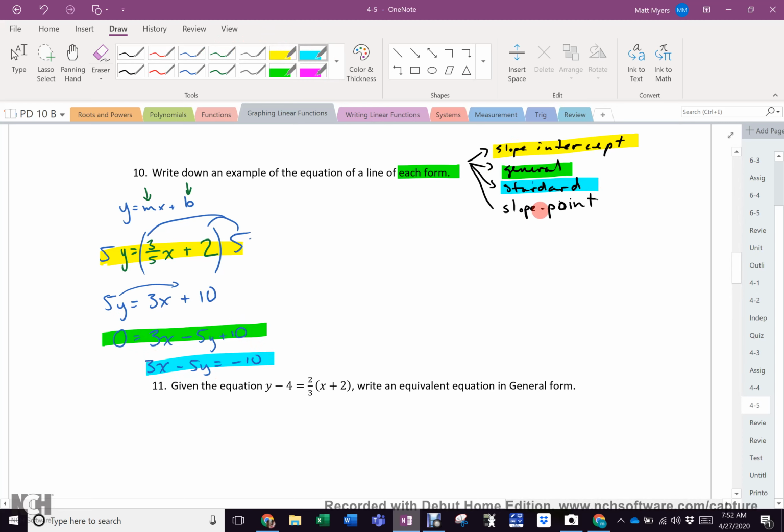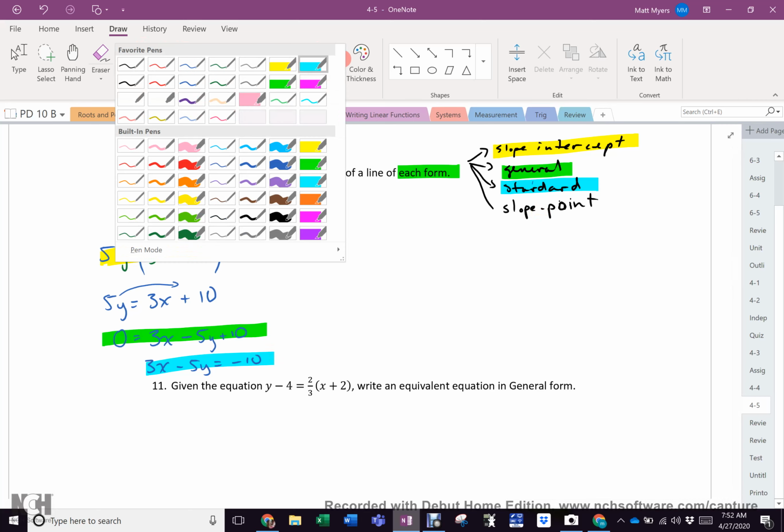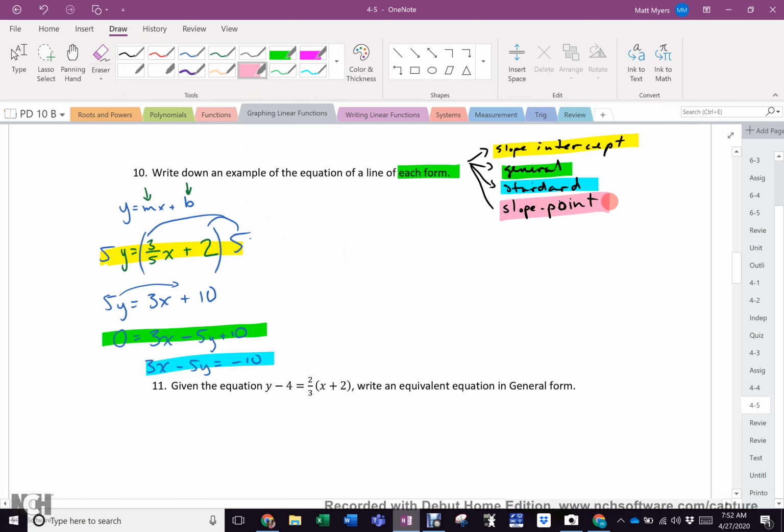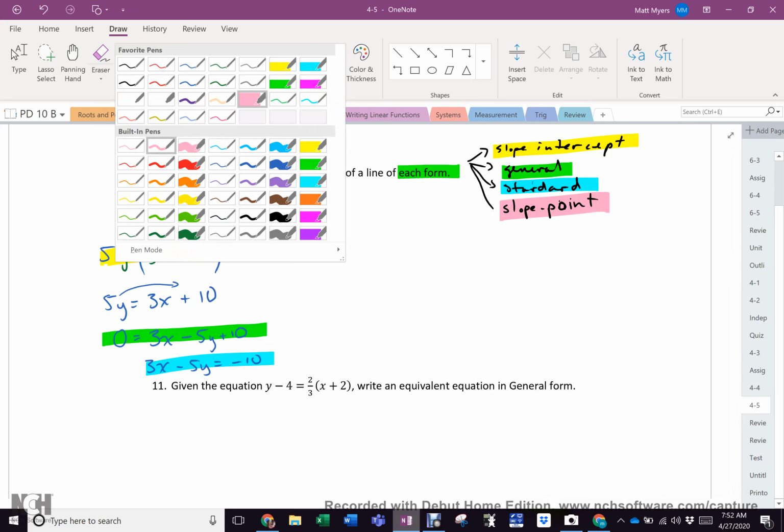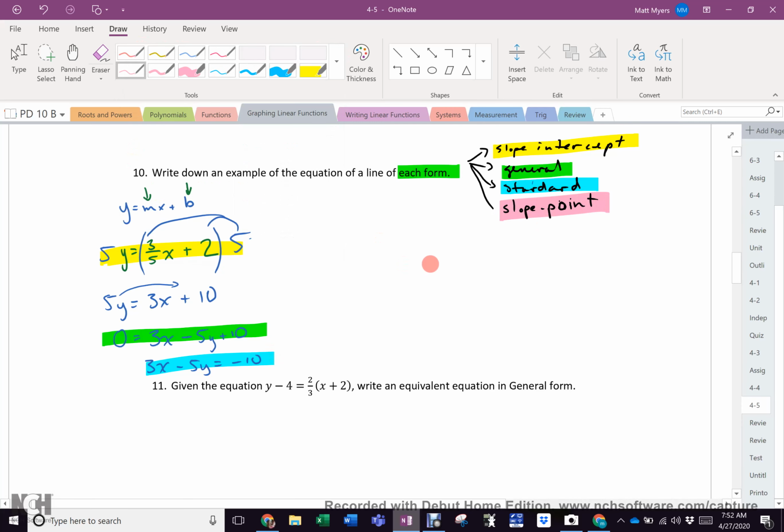And then slope point form is really easy as well. I'll highlight that. What color haven't I highlighted? I haven't used pink. So we remember that slope point form is y minus y1 equals m times x minus x1. So y minus, that's any point on the graph.